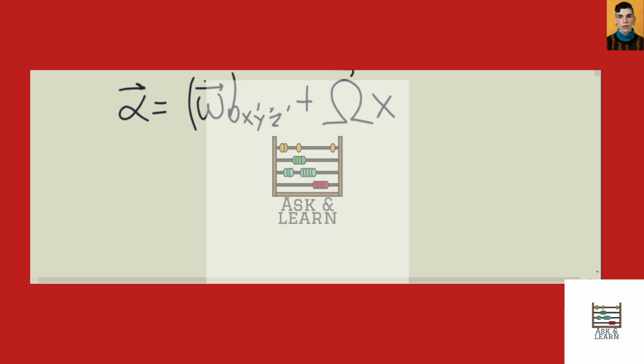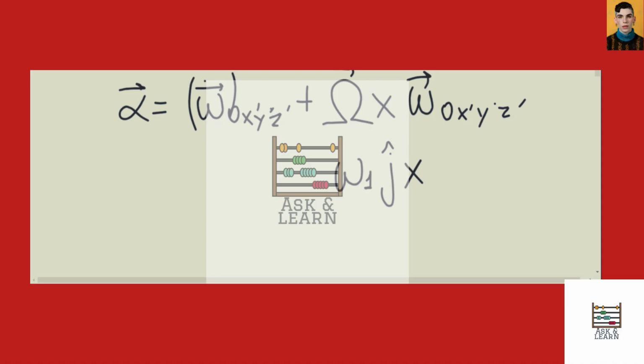I hope it is clear that a convenient choice will be a rotating frame that rotates about the y-axis. Therefore, vector omega capital is just omega 1. Because this rotation is counterclockwise, we need the j hat.